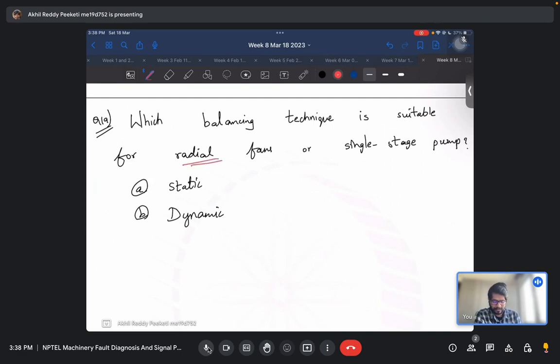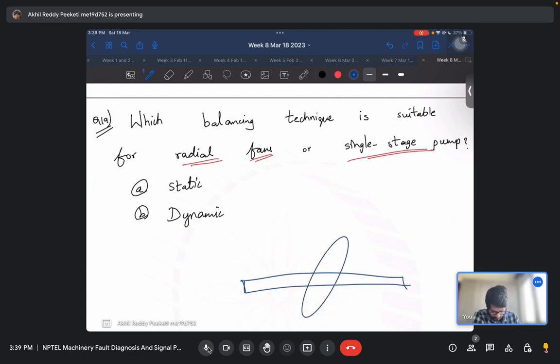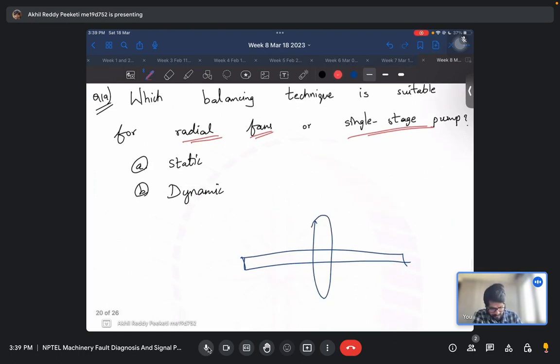So when you have only radial fans or single stage pumps, so you have only a single system, so the forces will also be in a single plane.